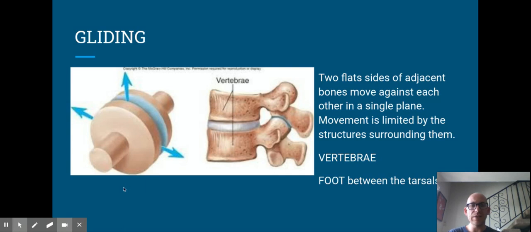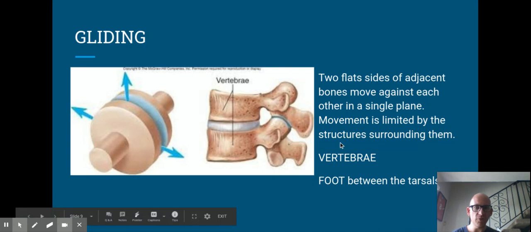What limits the range of motion is not the morphology or shape of the bone, it's all of the soft structures around it. So you think about your spine as a gliding joint, between each vertebrae they're just stacked on top of each other. It's all the ligaments and muscles that surround the spine that hold them in place.